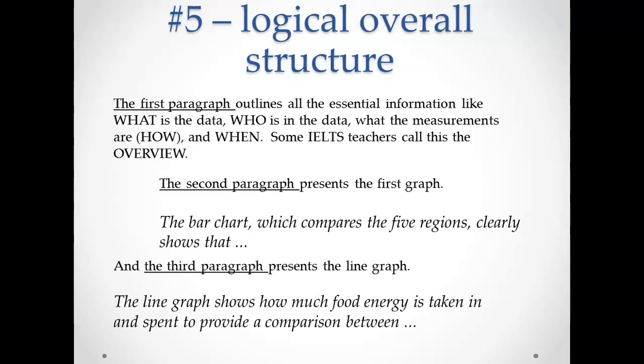There are 3 paragraphs. The first one is the overview. The second one presents the first graph, and the third one presents the line graph. And notice the signalling in the first sentences of each paragraph. It's so clear for the IELTS examiner that this paragraph deals with the bar chart and this paragraph deals with the line graph.